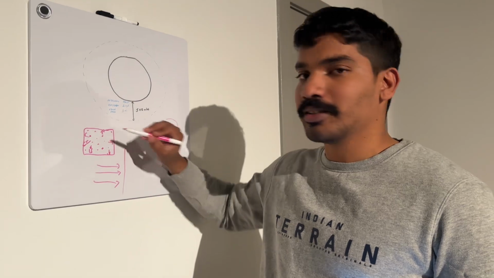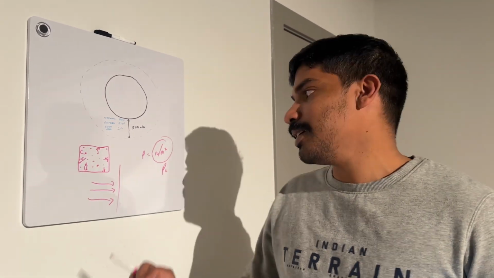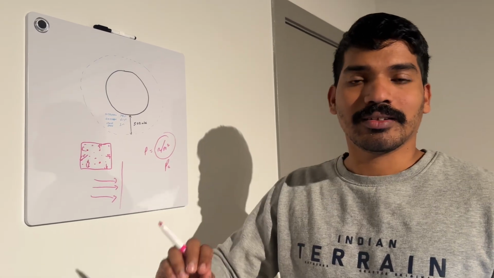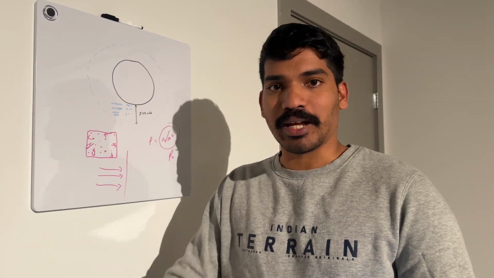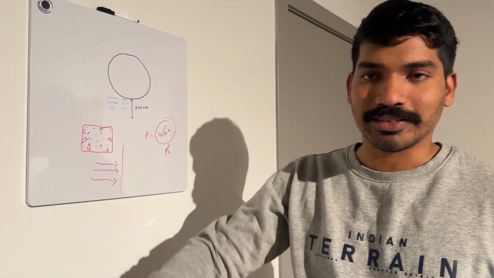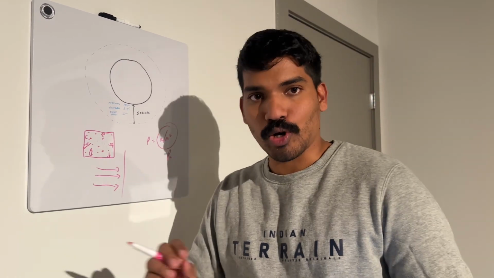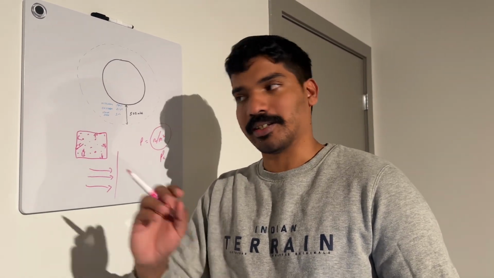So static pressure is when the air is static or it's not moving. Dynamic pressure is when the air is moving and is applying a pressure. Let's say I throw a molecule of air against the wall and it hits against the wall. That is an air molecule applying a dynamic pressure against the wall.